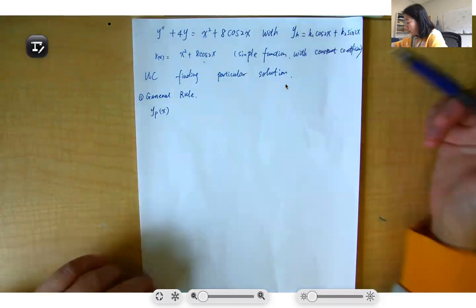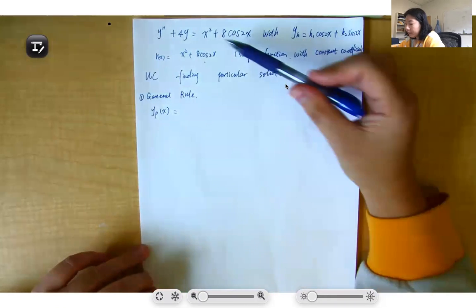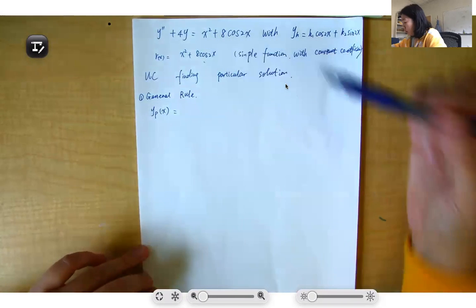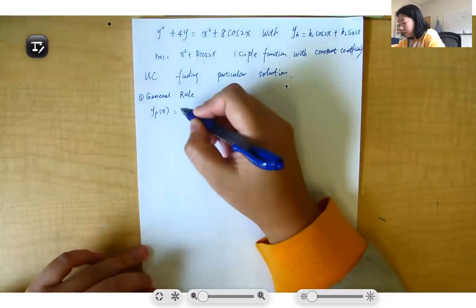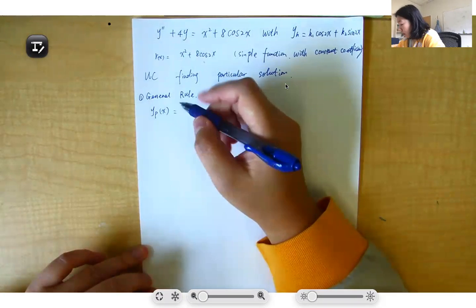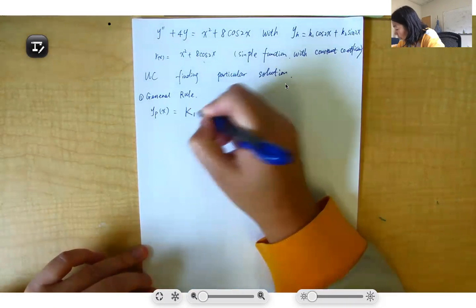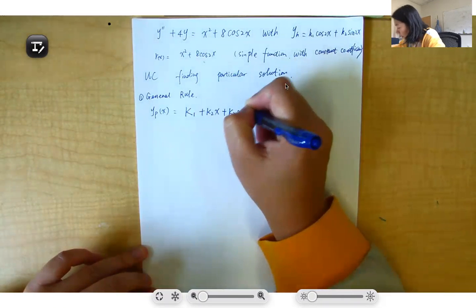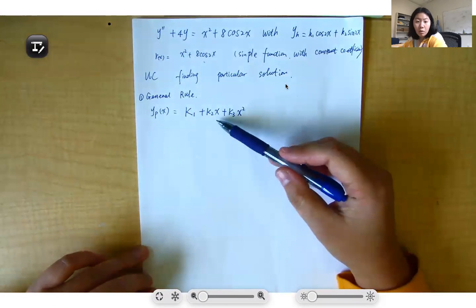Okay. So for the x squared, itself and all its derivatives will be x squared, x, and constant. So I will use capital K as the constant, so k1 plus k2x plus k3x squared. So itself plus all its derivatives.